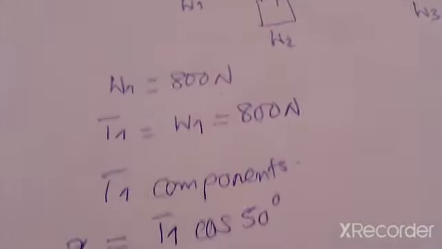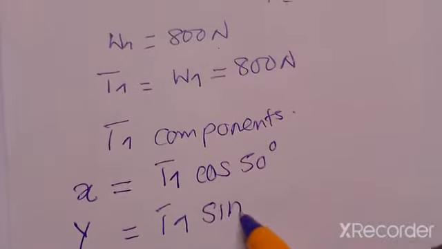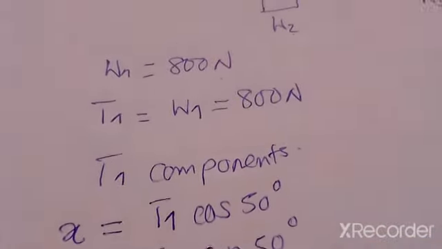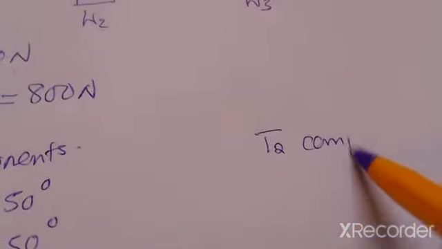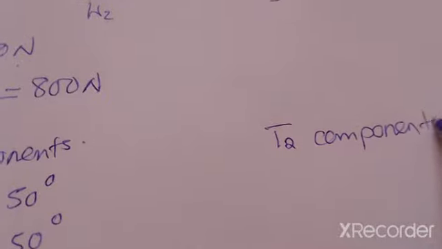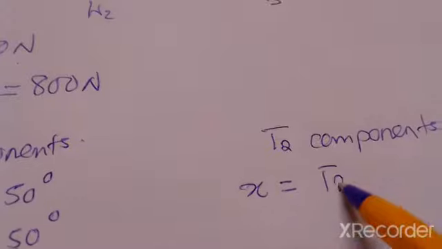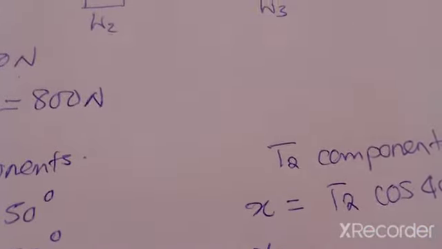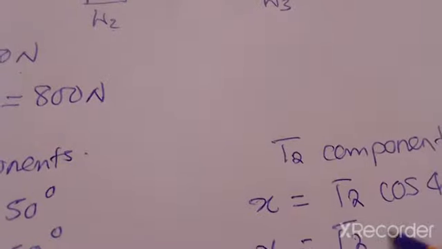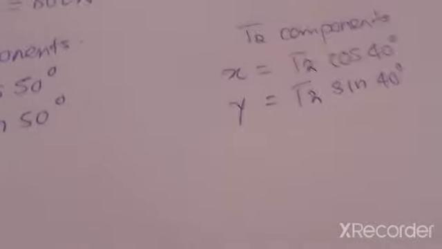Then the y component is going to be equal to T1 sine 50 degrees. Then we can also find the T2 components. The x component will be equal to T2 cos 40 degrees. The y component will be T2 sine 40 degrees. That's what we have.